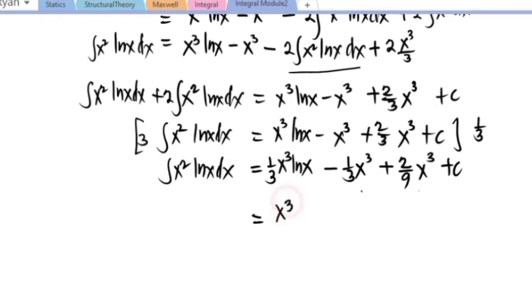So we have here x cubed ln x over 3. Kung pagsasamahin natin itong second and third term natin, so that's negative 1/3 plus 2/9, so that's negative 1/9, so it's x cubed over 9 plus c. This is our answer.